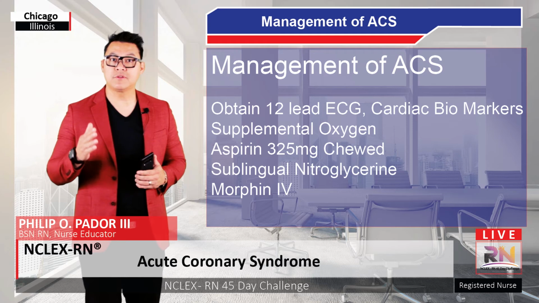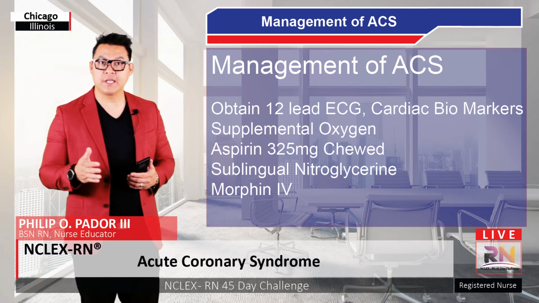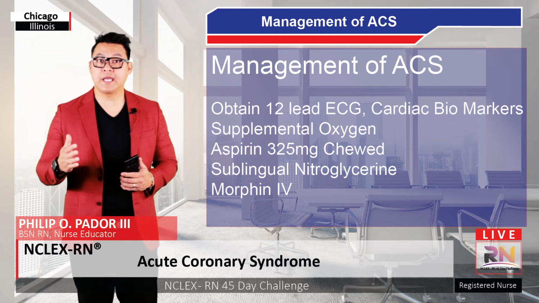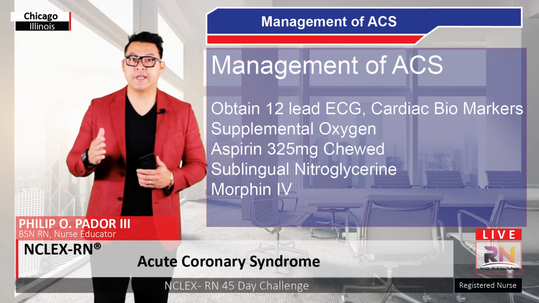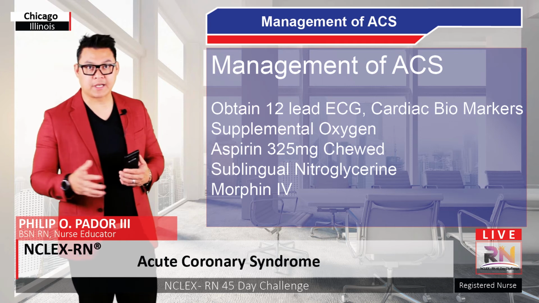Lastly, patients should also be started on a statin, beta blocker, and an angiotensin converting enzyme inhibitor, as these medications improve outcome after myocardial infarction, even after a patient receives life-saving reperfusion therapy.